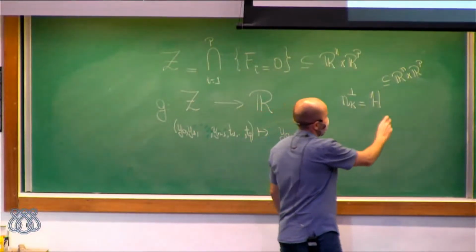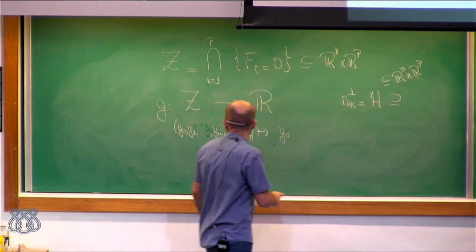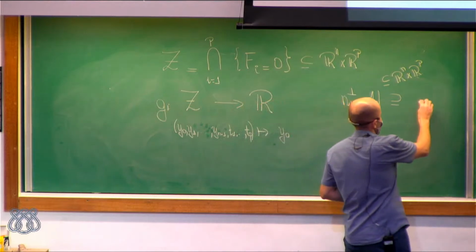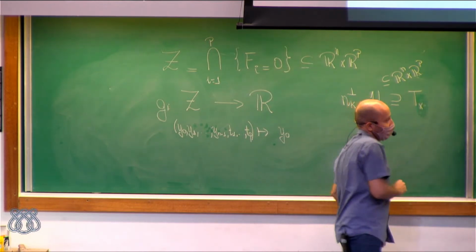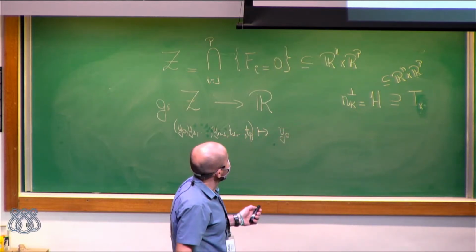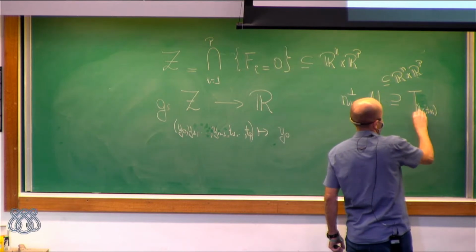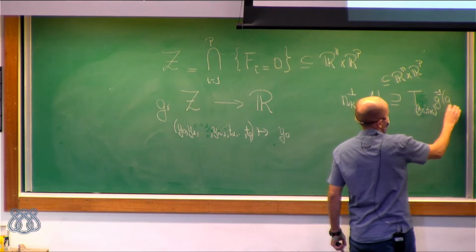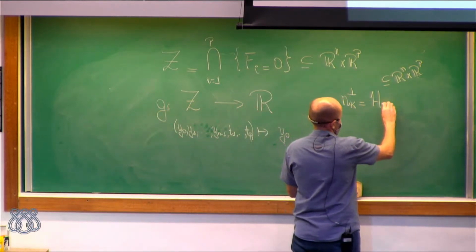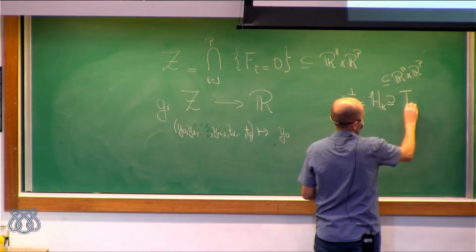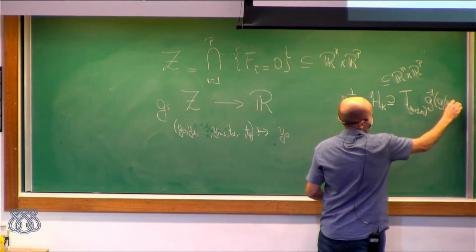This hyperplane contains the levels of G, meaning the restriction of G to Z. This contains the tangent space of the fiber of G at (yk, tk).